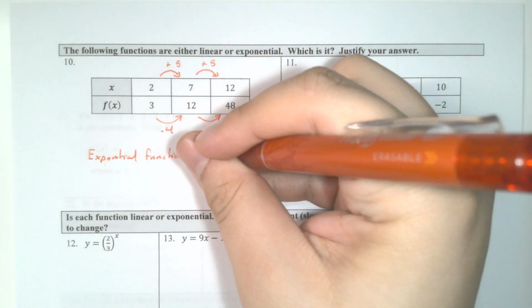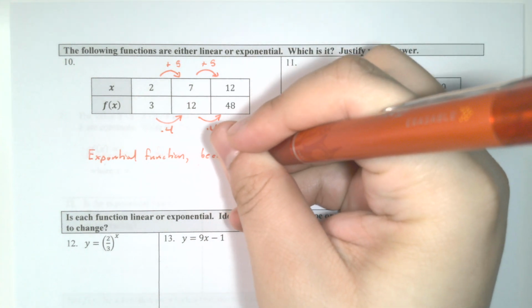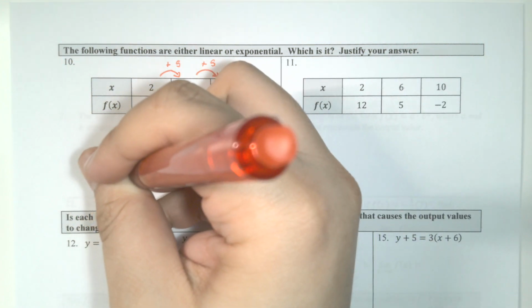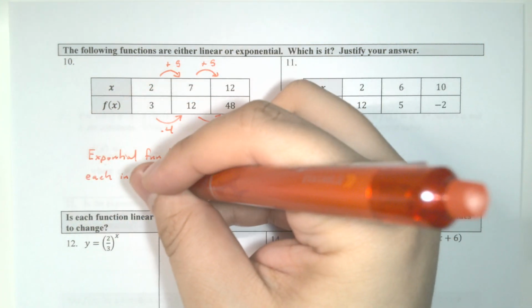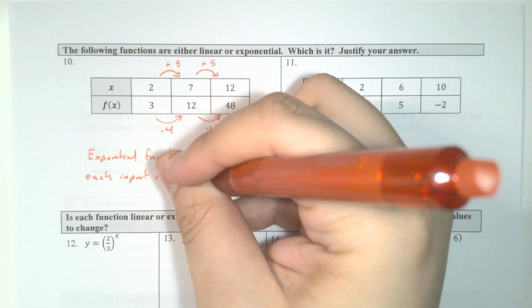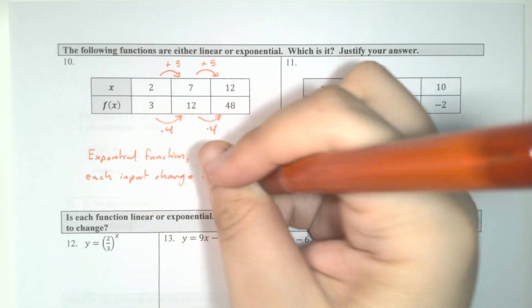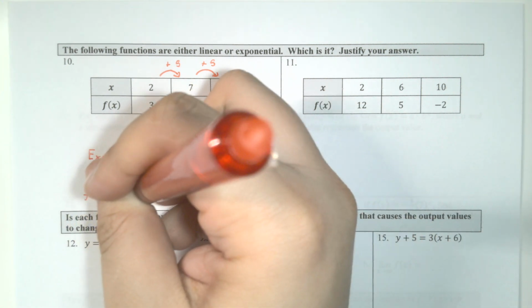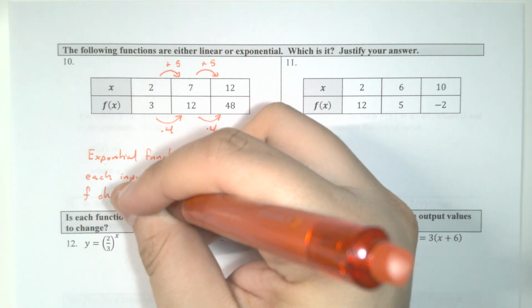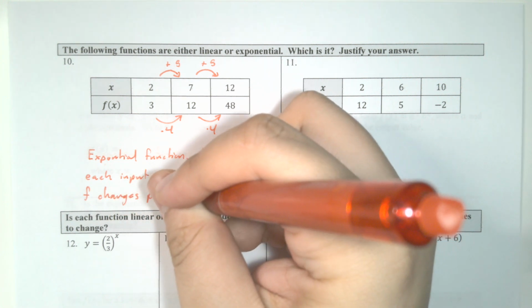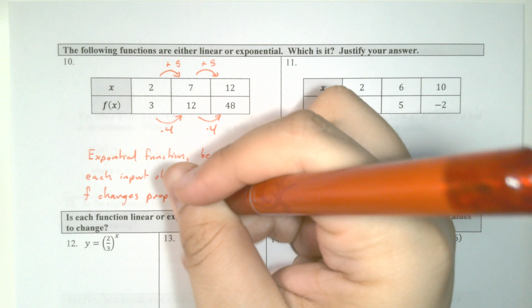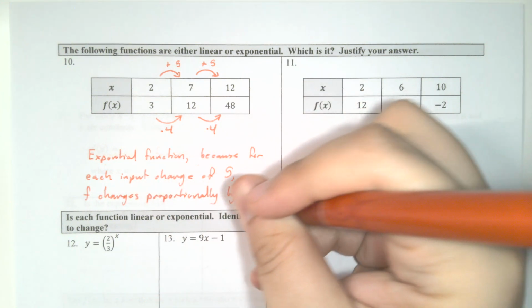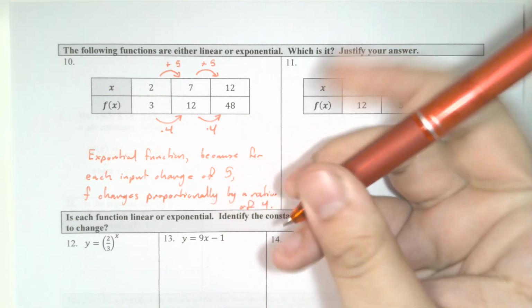And it's exponential because for each input change of 5, f changes, and here's the key word here, proportionally by a ratio of 4.